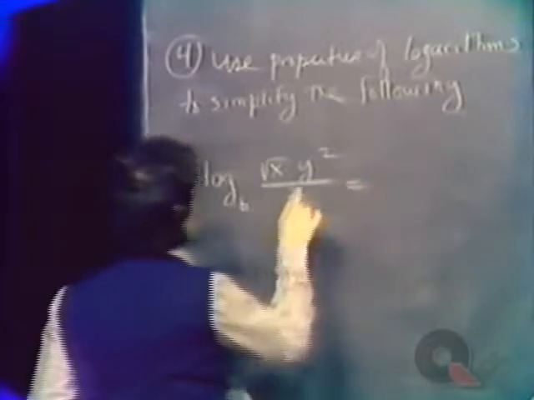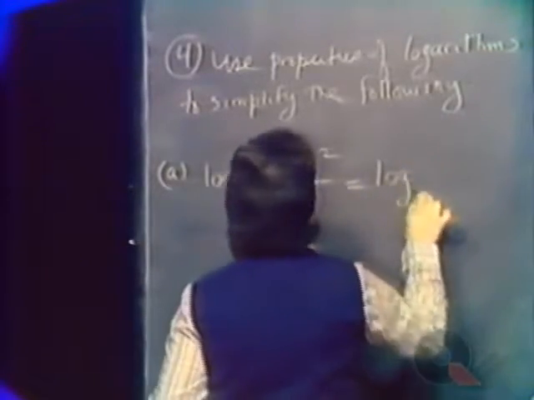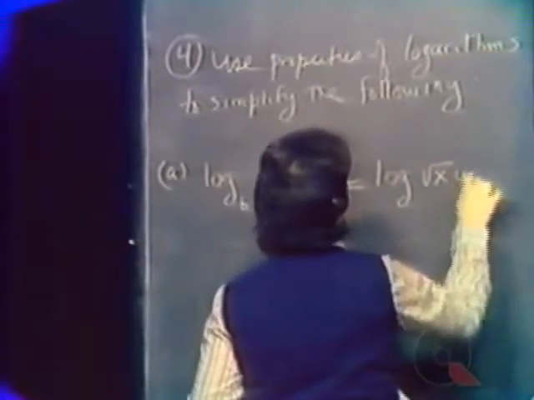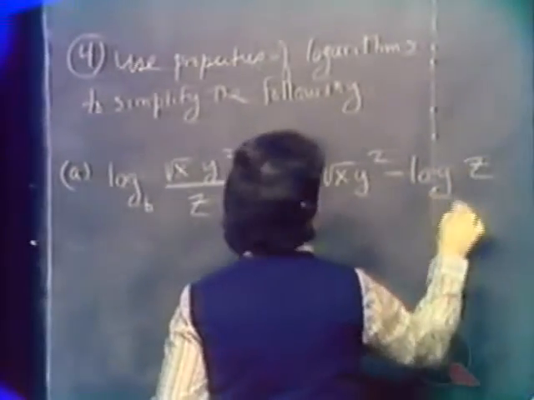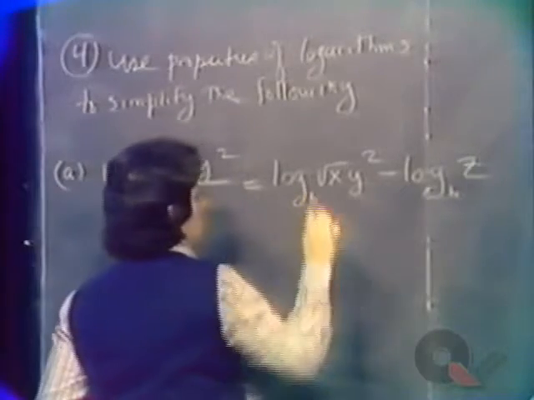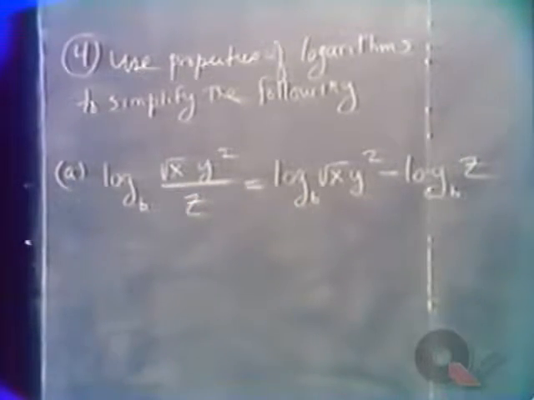Okay, we'll start by saying, well, this is a fraction. It's the log of the numerator, the square root of x times y squared, minus the log of the denominator, and both of these are to the base b. The log of the top minus the log of the bottom.